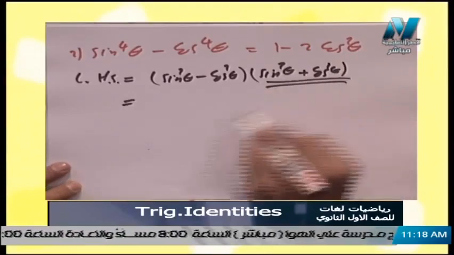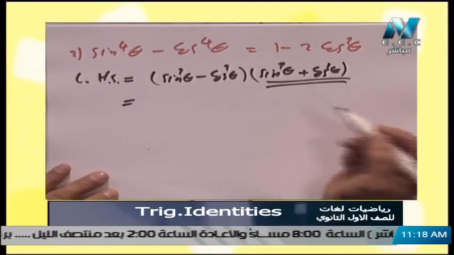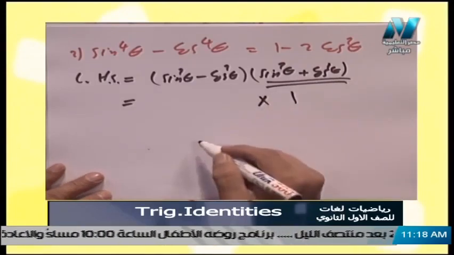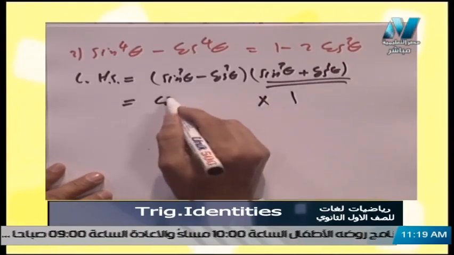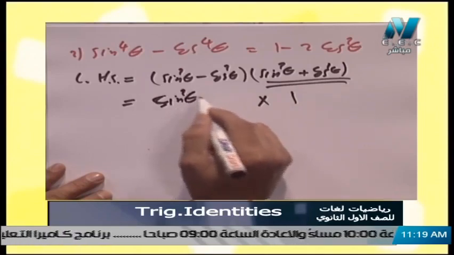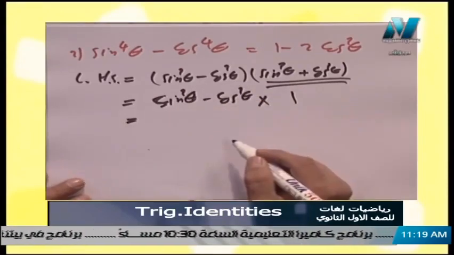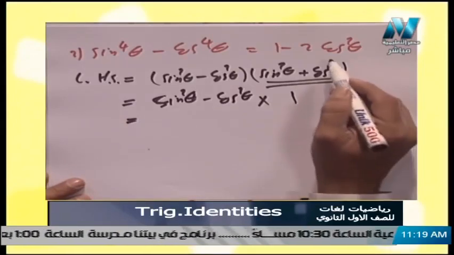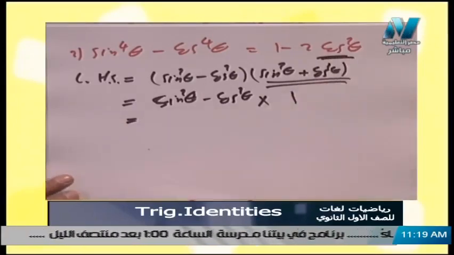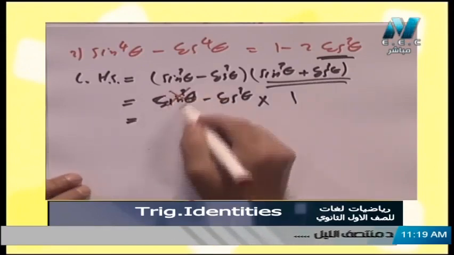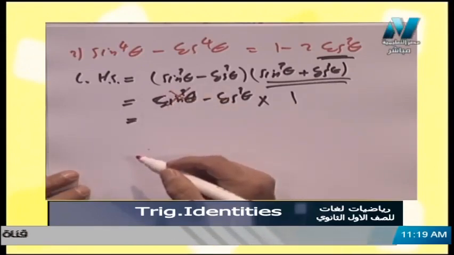Yes, some of you intelligent students say that sine power 2 theta plus cosine power 2 theta equals 1, and we have only sine power 2 theta here minus cosine power 2 theta. Okay, and we want what? We want only cosine power 2 theta, so we have to omit this sine part.